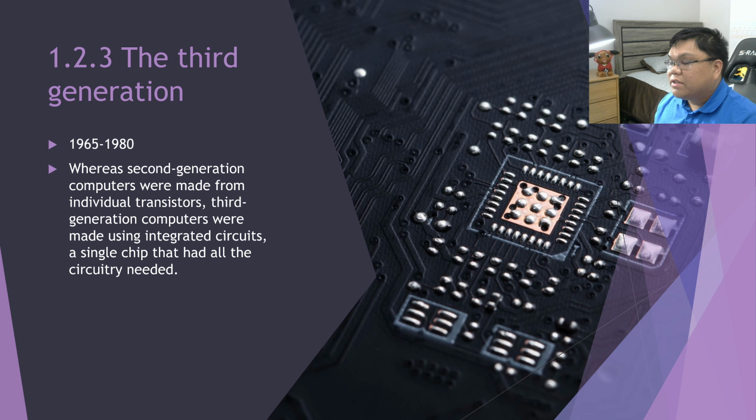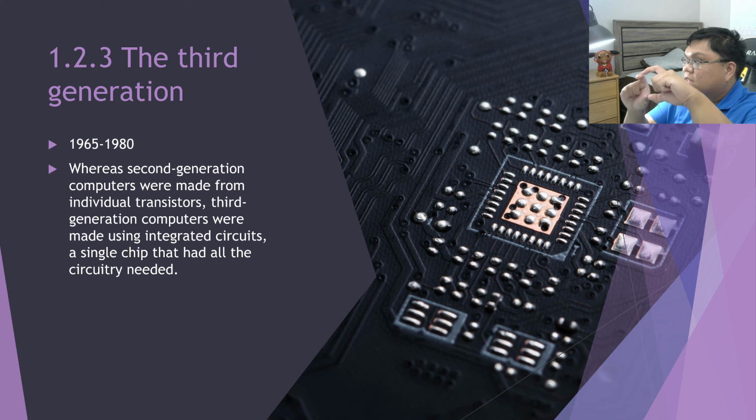Here's the third generation. So here's the thing about the second generation of computers. They were made from individual transistors. Third generation computers were made using integrated circuits. So all the circuitry of a computer would now fit in a little square of silicon.